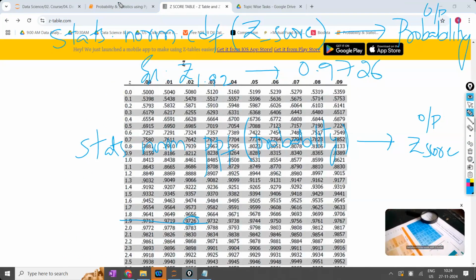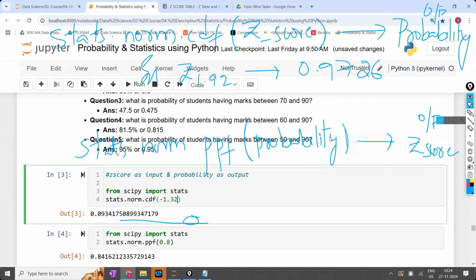Cross check in this Python. Same answer or not? For checking, I'm giving the input as what? Z-score or probability? Z-score is the input. Then what is the output? Probability. So 1.92.